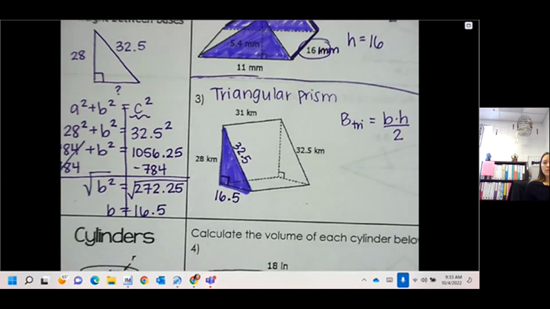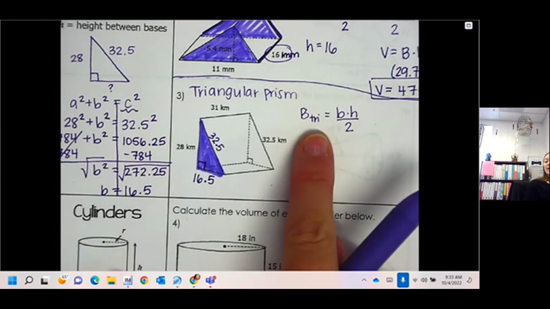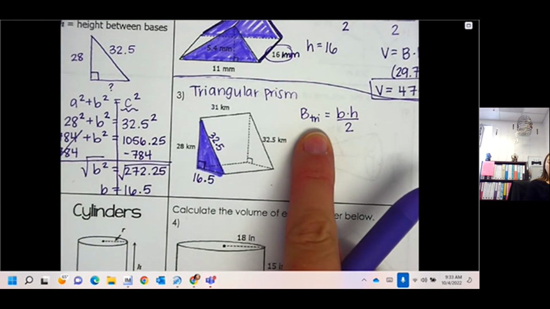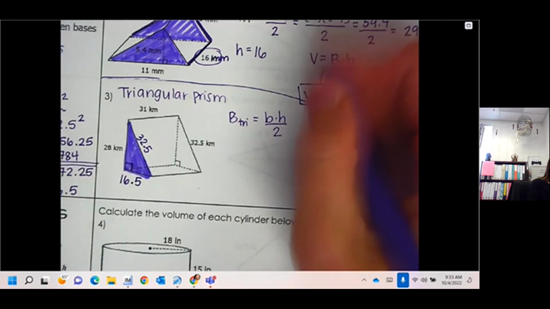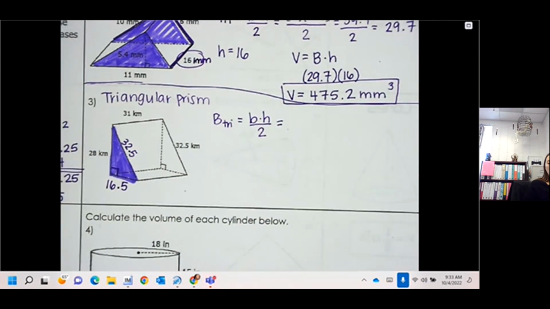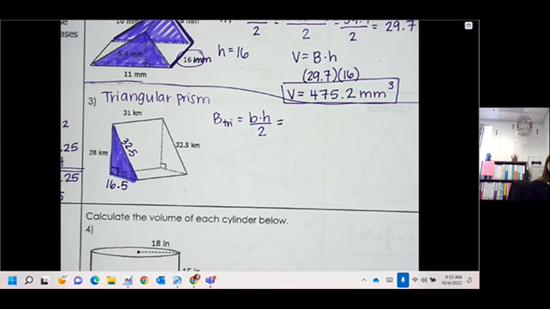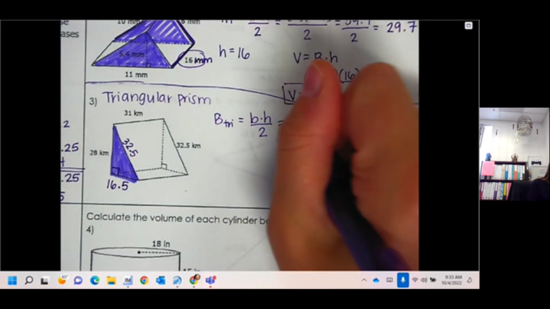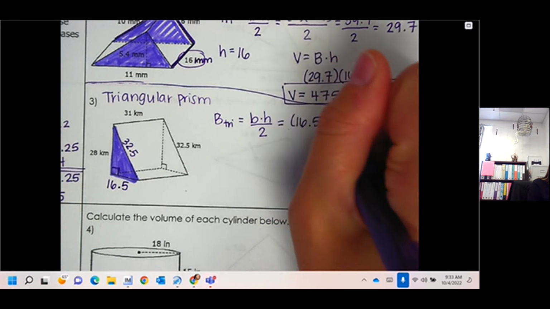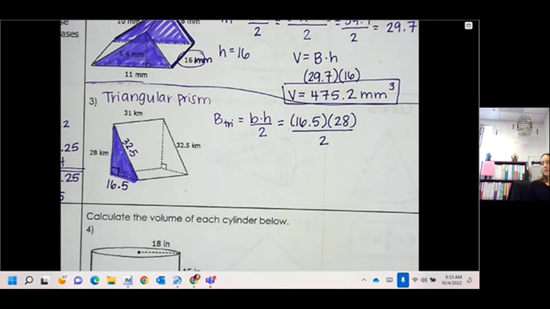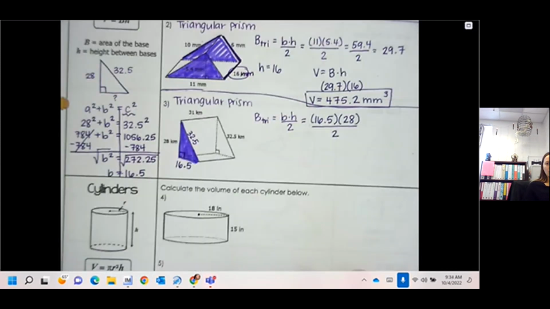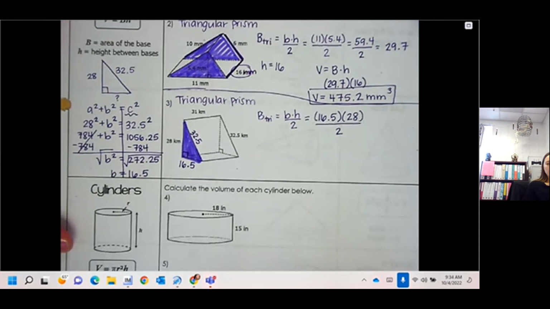Okay. So, area, the big B, divided by 2. You now have your information. What's the base and height of that purple triangle? 16.5 and 28. Thank you, thank you.